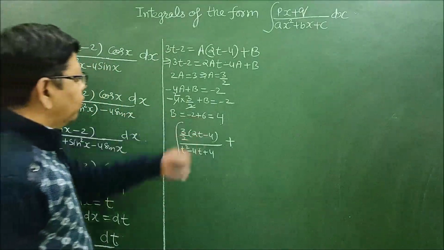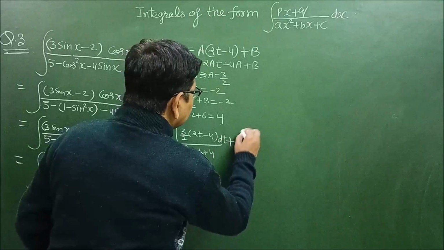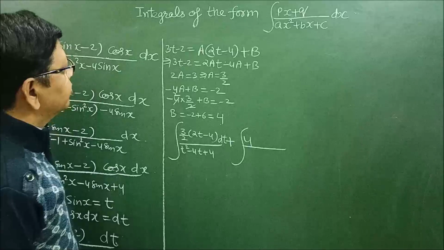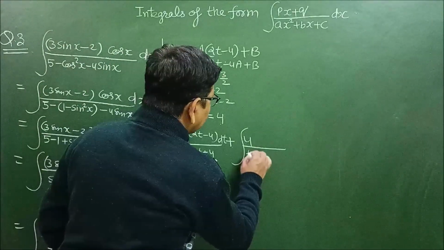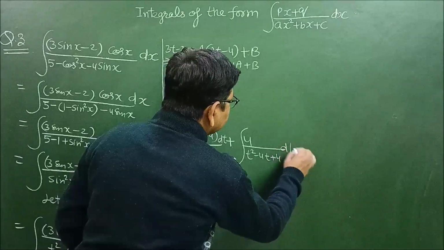Value of b is 4, so integral of 4 upon t square minus 4t plus 4 dt.